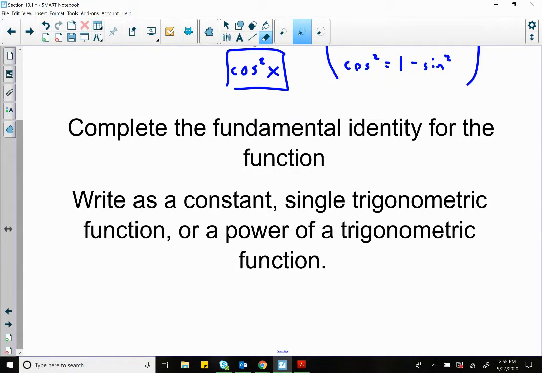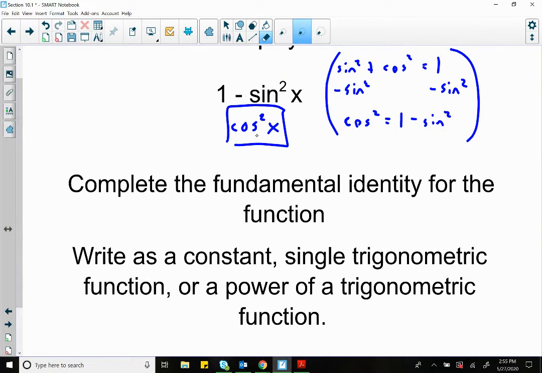Or the directions will say write as a constant, single trigonometric function, or a power of a trigonometric function. So this example, where it says cosine squared x, is an example of a power of a trigonometric function. Okay?